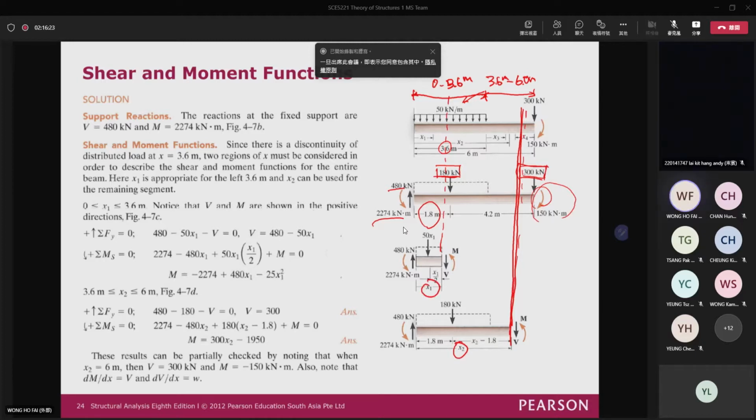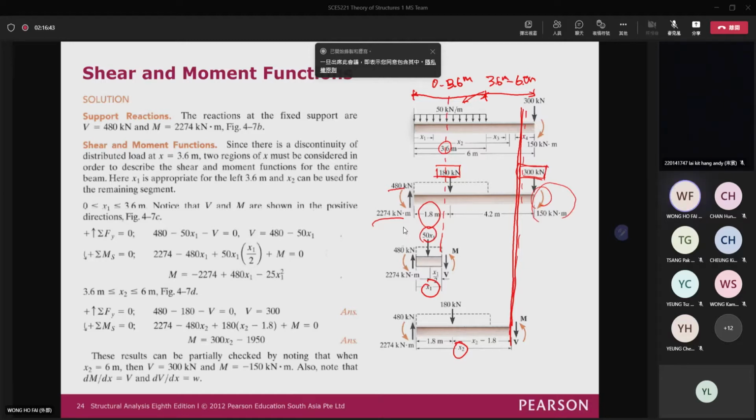So remember to cut both sections in order to expose all the internal forces and then use equilibrium equations to find the functions. If you cut at the first section here, because the distributed load is equal to 50 kN per meter, it is equal to 50 times x1.